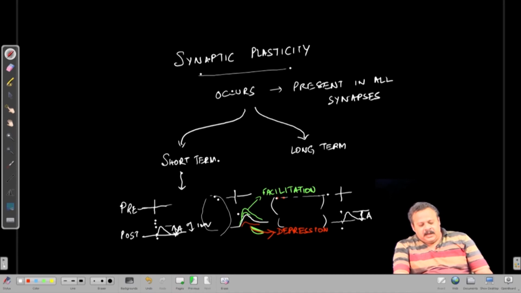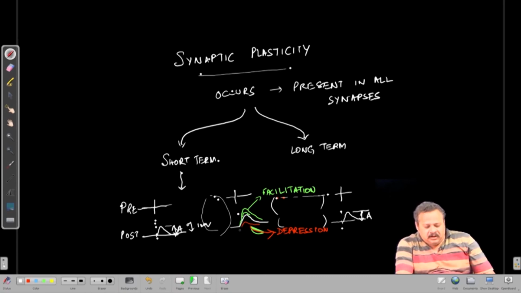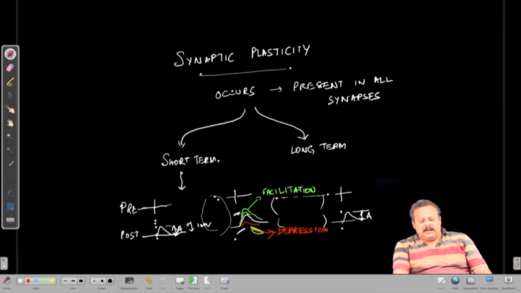So, this period of time where it recovers or is left undisturbed is of the order of seconds to minutes. And so, the effect that we are seeing of depression or facilitation, either of those, is not long lasting. That is a temporary effect, and we regain our synapse back to the same strength.